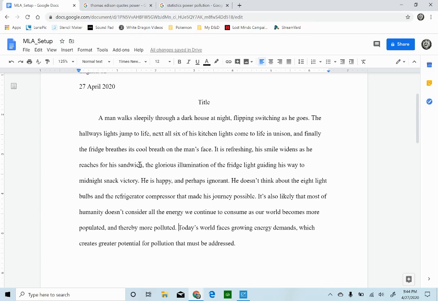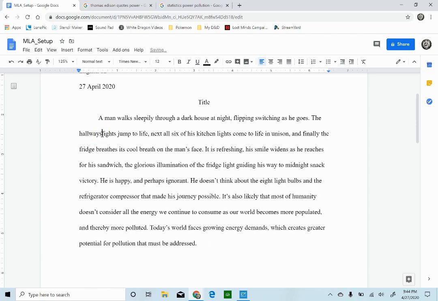A man walks sleepily through a dark house at night, flipping switches as he goes. The hallway, I have a typo. The hallway lights jump to life. Next, all six of his kitchen lights come to life in unison. And finally, the fridge breathes its cool breath on the man's face. It is refreshing. His smile widens as he reaches for his sandwich, the glorious illumination of the fridge light guiding his way to a midnight snack victory.